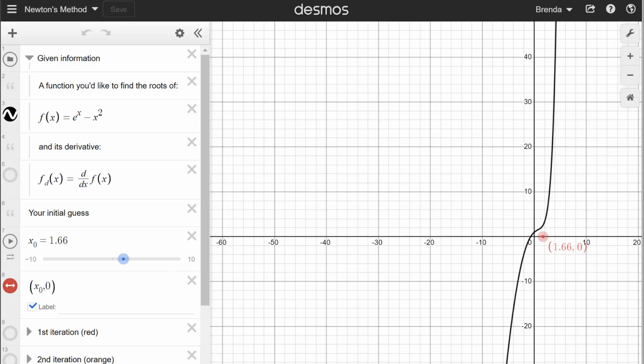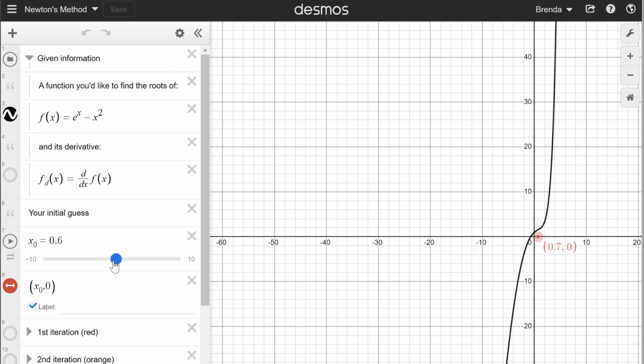Okay, so here you can see I have got a Desmos app, and I will put the link in our course for this Desmos app that I made here, and you can type in different functions. I've got the function typed in here that we actually started with, and then I told Desmos to calculate its derivative, and then you can use this slider to slide for an initial guess.